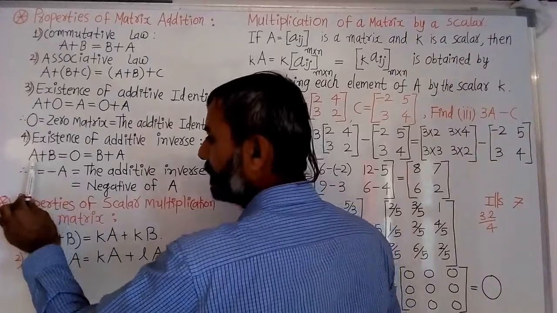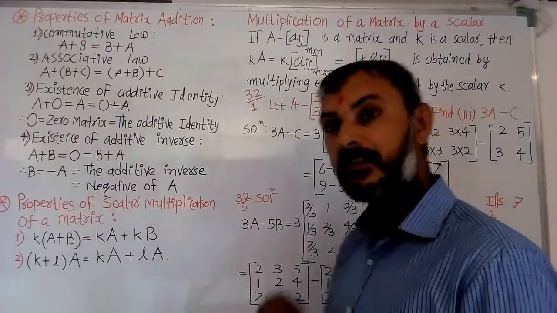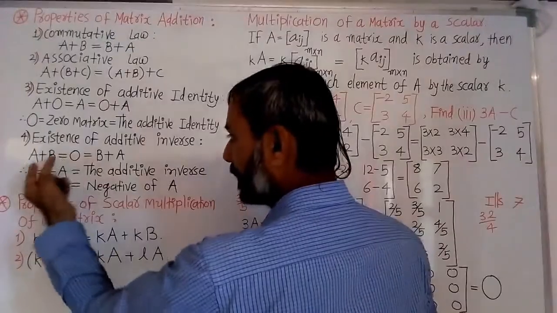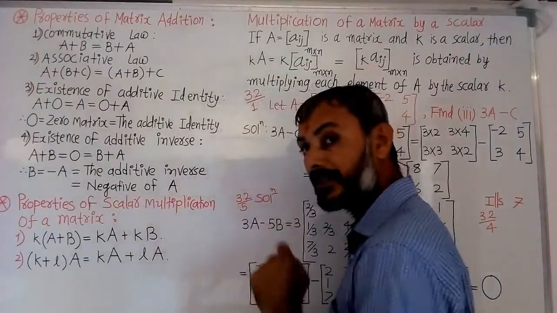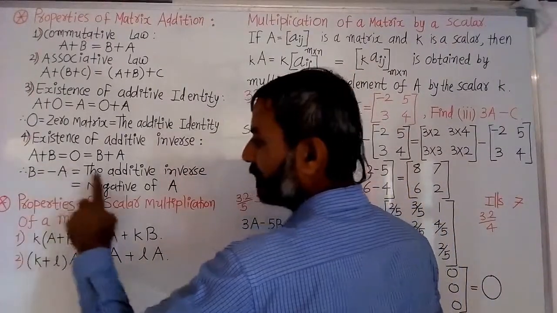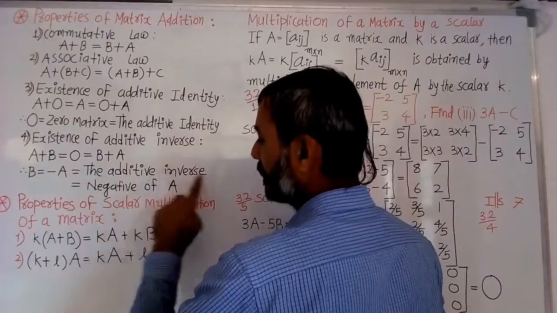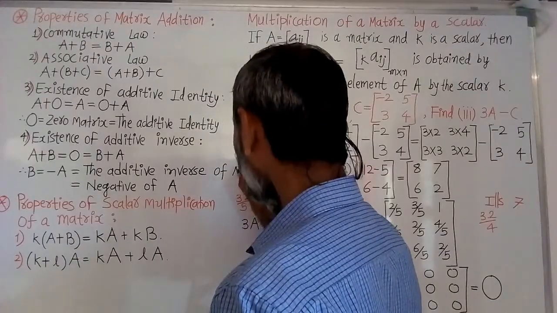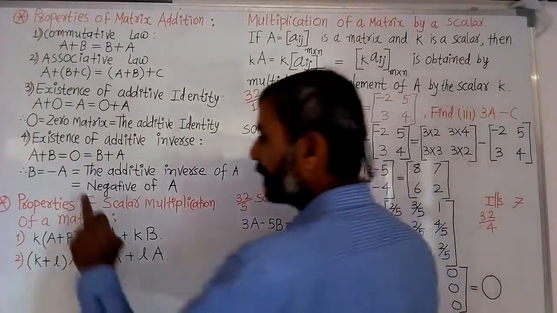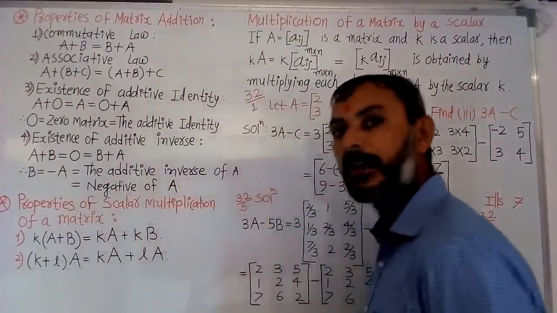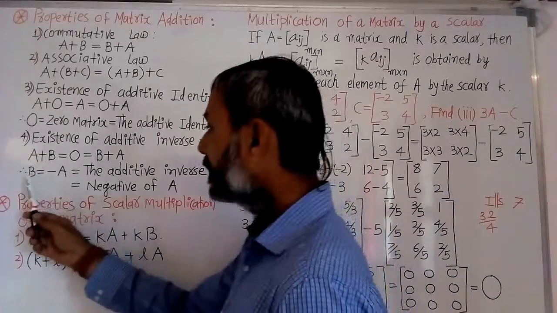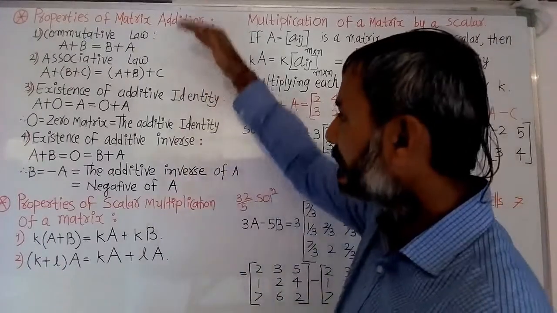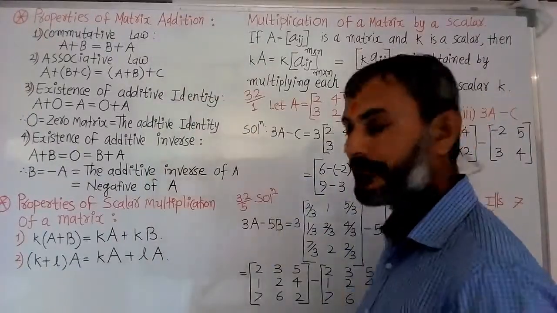When you add any 2 matrices and the resultant matrix is the 0 matrix in any order, be it A plus B or B plus A, then this B is called the additive inverse of A. And also we say this is the negative of matrix A, and this B is denoted by minus A. Clear? So these are 4 properties of matrix addition.